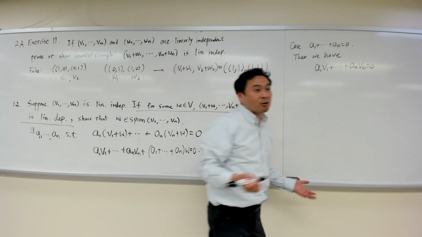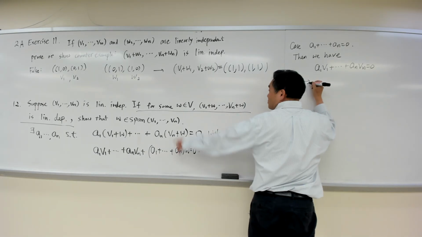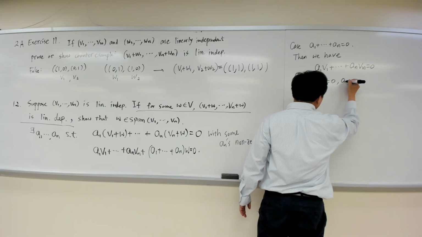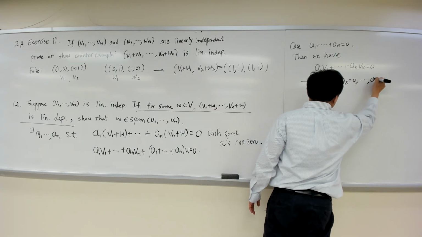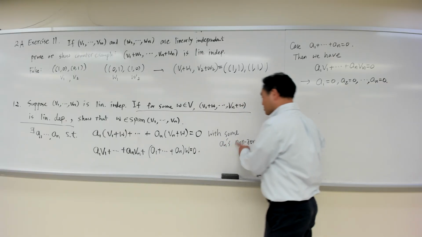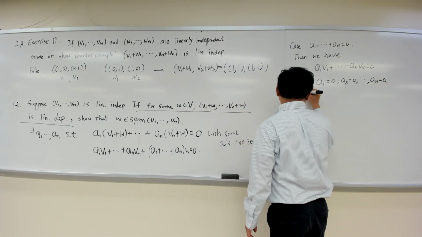But if this is 0, then since V1 through Vn is linearly independent, every one of these is 0. Which is a contradiction because we have some ANs non-zero, right? So this can't happen.